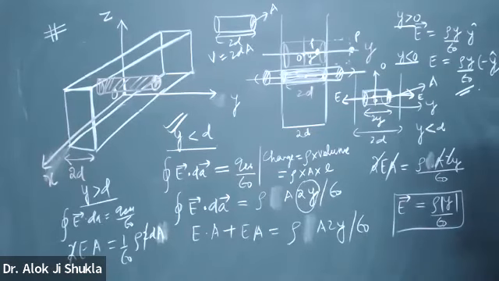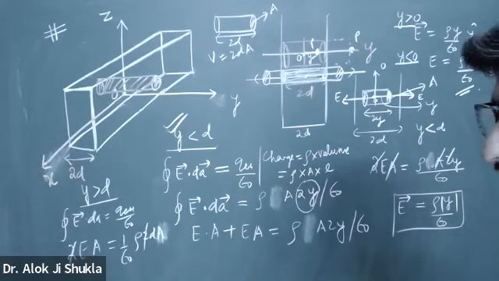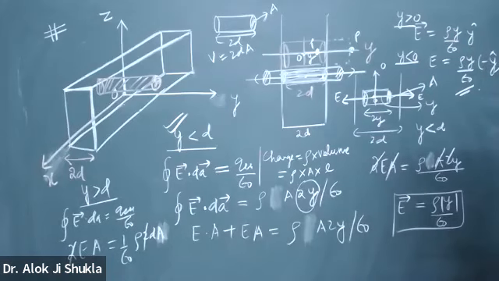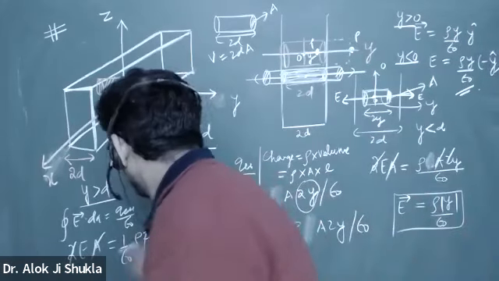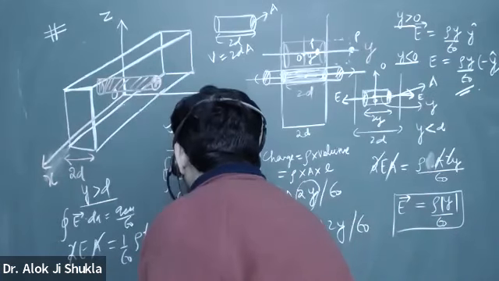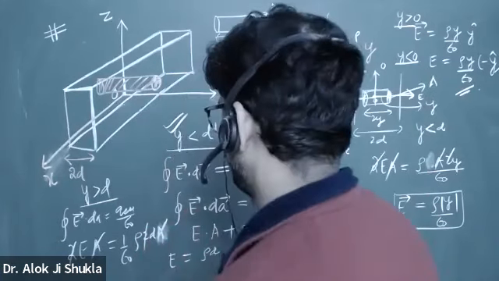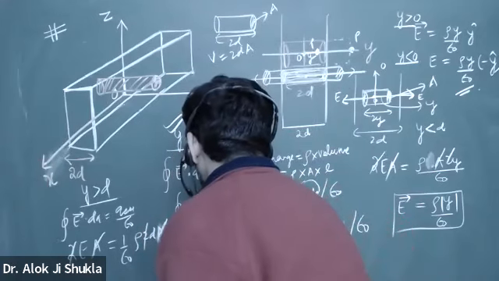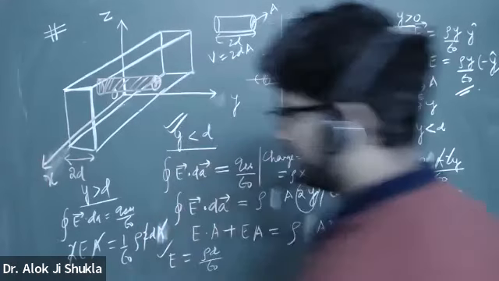No sir, that was my confusion. 2A will come, that is clear. So A will also cancel and E will become rho d upon epsilon naught. This will become the field.